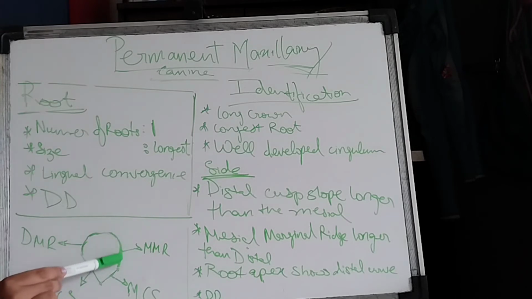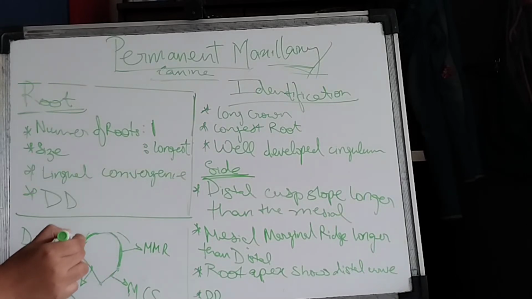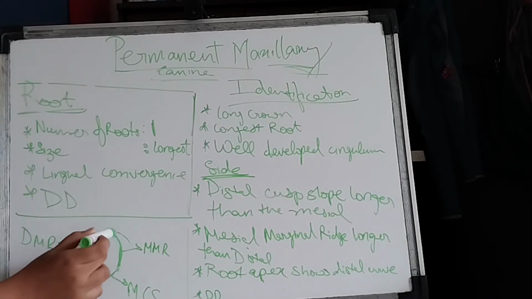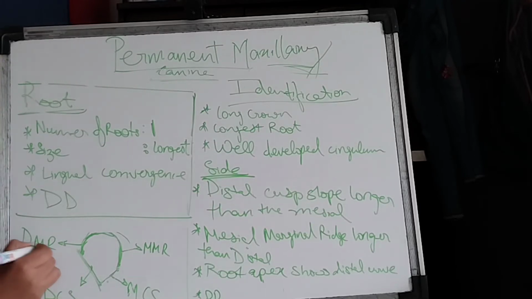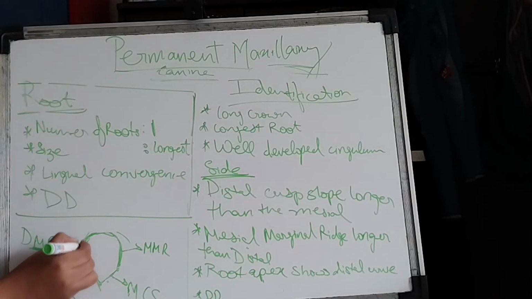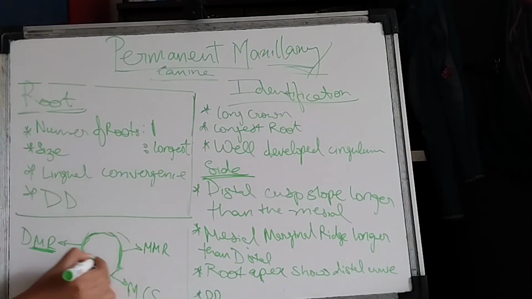You can see it is from here to here, and this one is only here. It is shorter. I hope this difference is clear. What is the cusp slope and what is the marginal ridge? The marginal ridge is over here, above the contact point.